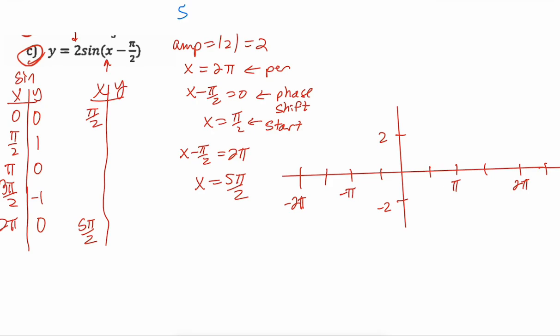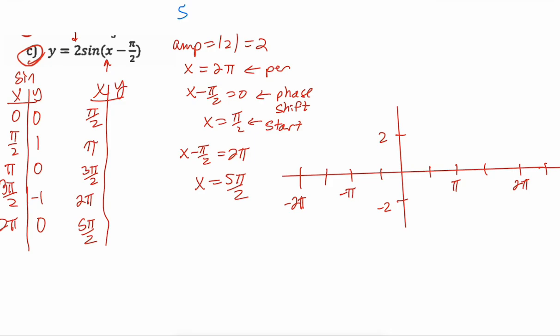Just start cutting it in half and cutting it in half again. Halfway in between 1/2 and 5 halves is 3 halves. Halfway between 1/2 and 3 halves is 2 halves, which is a whole. Halfway between 3 halves and 5 halves is 4 halves, which is 2 pi. So now we got our x's.